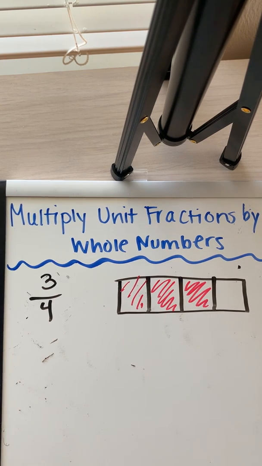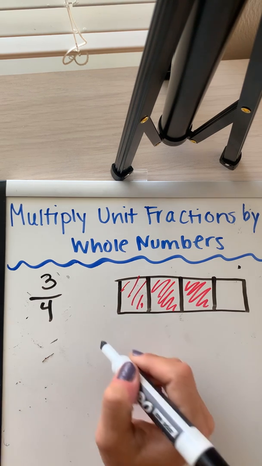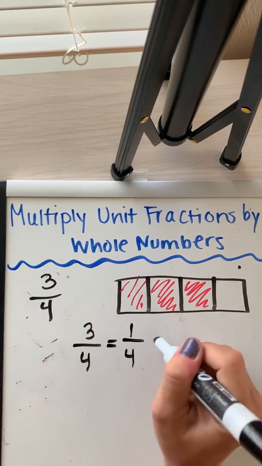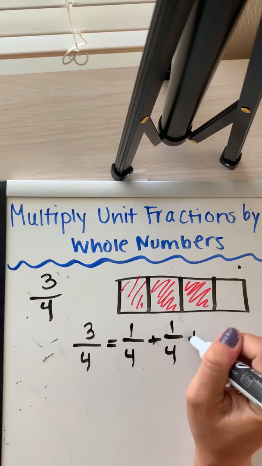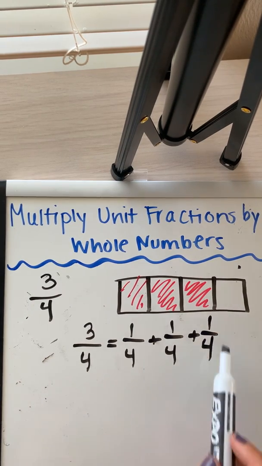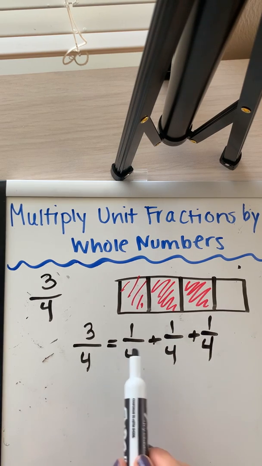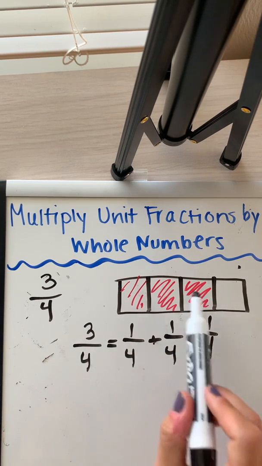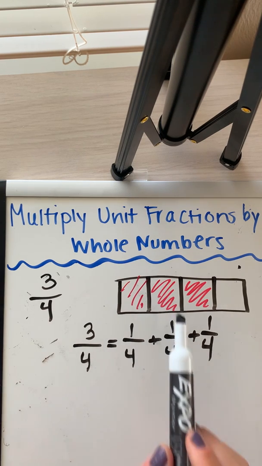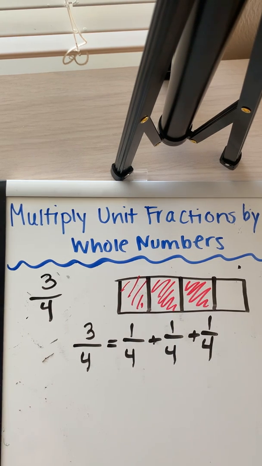I know that when I decompose 3/4 as the sum of unit fractions, I will have 3/4 equals 1/4 plus 1/4 plus 1/4. So if I look at this, I know that there are 3 1/4 in 3/4. And I know this because we count 1/4 3 times. I count 1/4, 1/4, and 1/4.